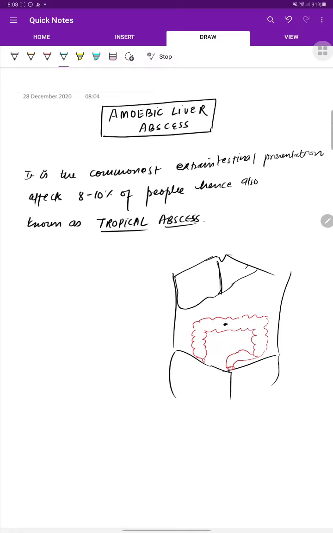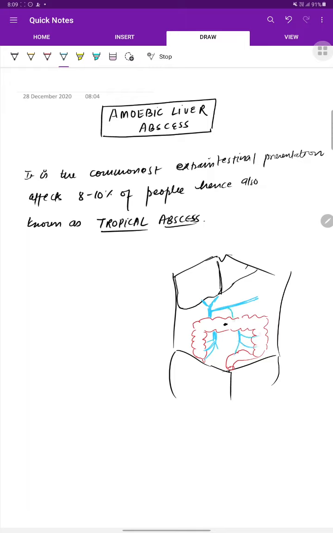Okay. So this will be my superior mesenteric vein taking blood from the cecum, appendix and the adjoining areas, and this is joined with the splenic vein over here. Everyone knows the anatomy. And the inferior mesenteric vein also joins the splenic vein.